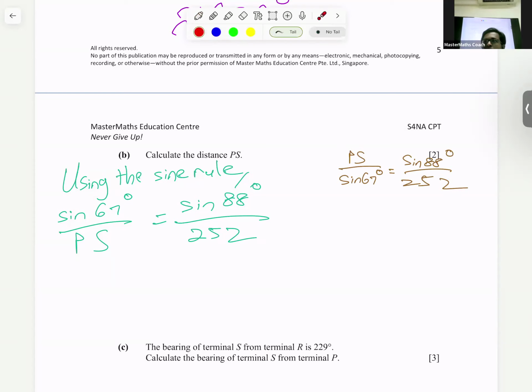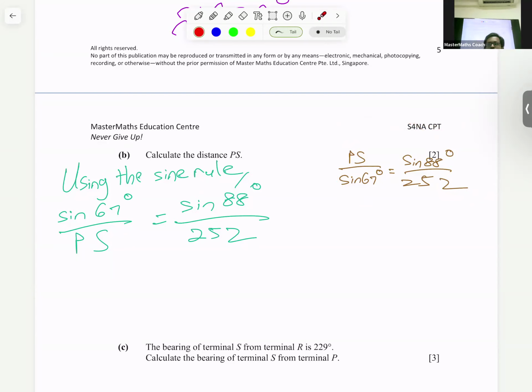Why cannot write like this? Okay, but actually I still can find the distance of PS with this. But there's something wrong, right? There's something very wrong with this.